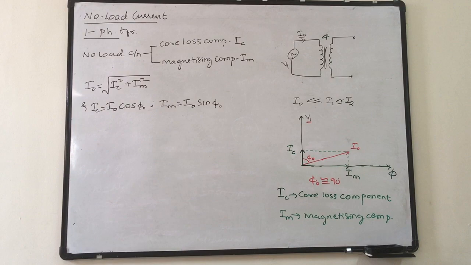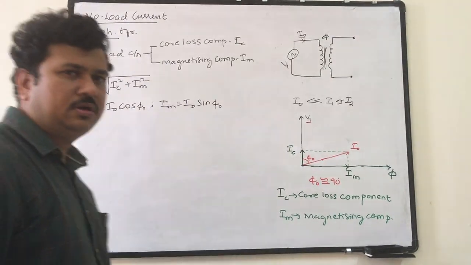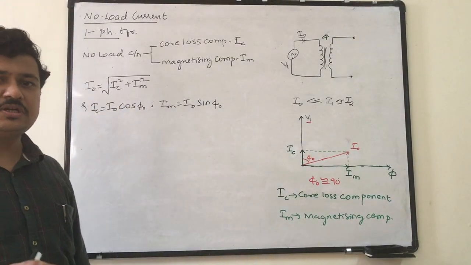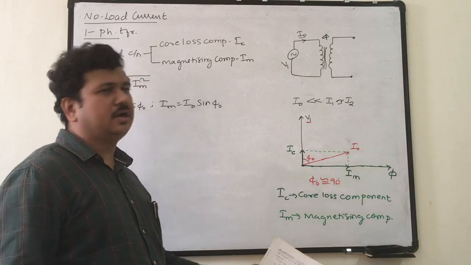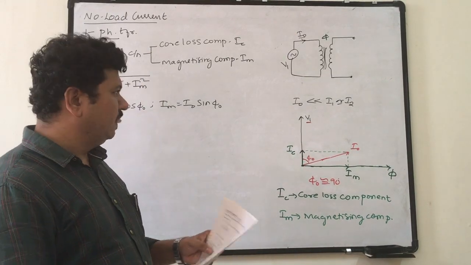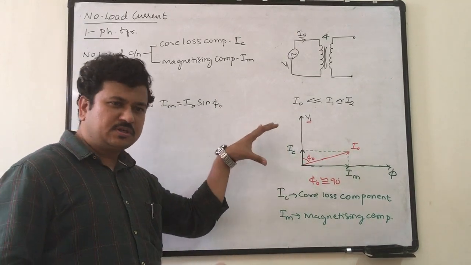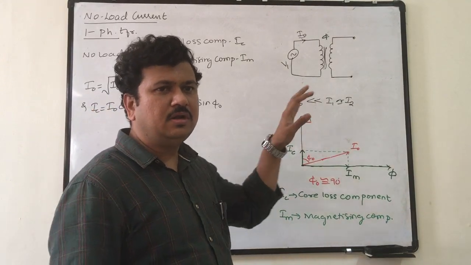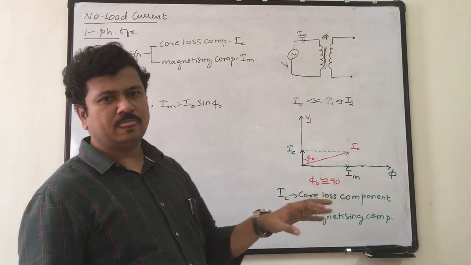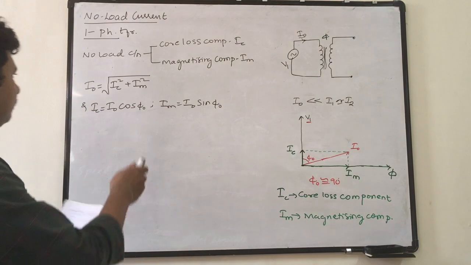Hence, the losses that occur at no load in the winding will be considerably present. Therefore, I cannot neglect that. But in general, at no load, whatever the power is drawn by the machine is completely contributing to the loss.